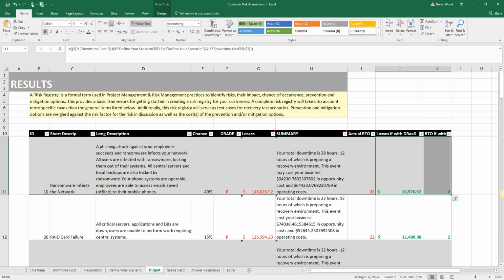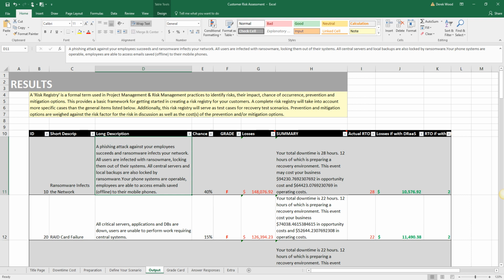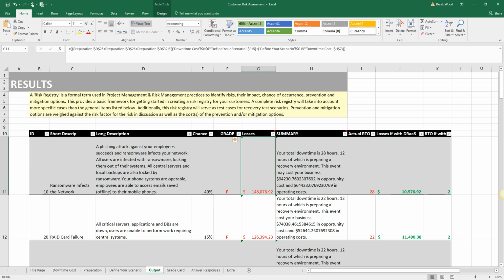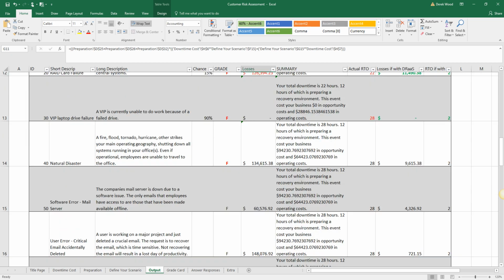And then here would be a scenario where you would plug in what the result of an impact of a scenario like this would be if they had, say, disaster recovery as a service, in which case we know that restoring uptime is going to be maybe 1 hour, as much as 2 hours. So we just put two. So your estimated losses if you have disaster recovery as a service would be about 10,000 versus 150,000. And you can do this for each scenario.